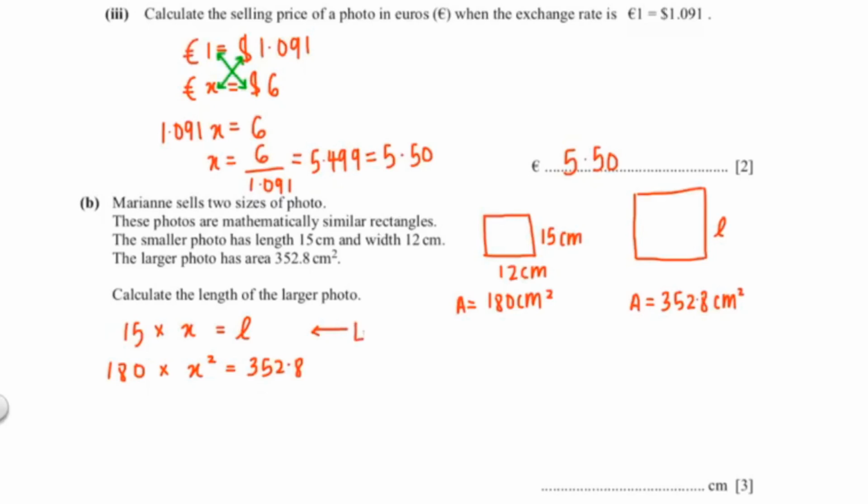So this is for finding the length, and that is for finding the area. If you were to find the volume, you would do x cubed.